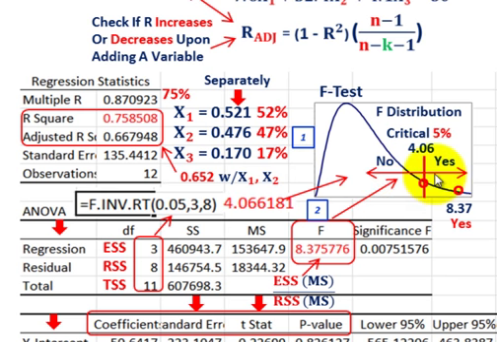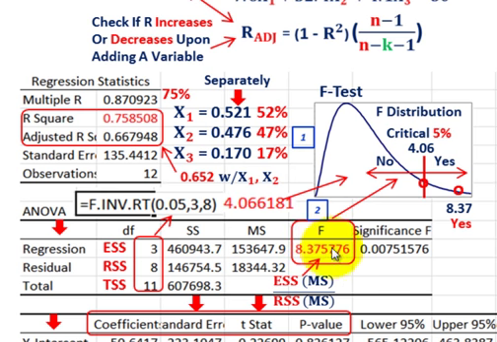So laying that out on our f-distribution curve, if your critical value is 4.06 and you have an f-test that's below it, then you fail your test, and your r-squared is not viable. But in our case, it's on the other side of our critical value of 4.06. It's sitting at 8.37. So we passed our f-test. So yes, our r-squared is good, based on our ANOVA, or our variance testing.